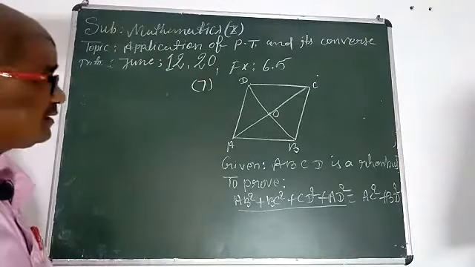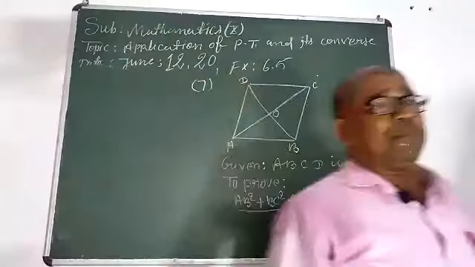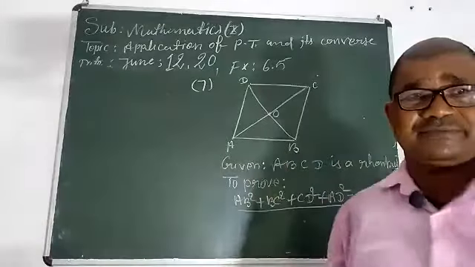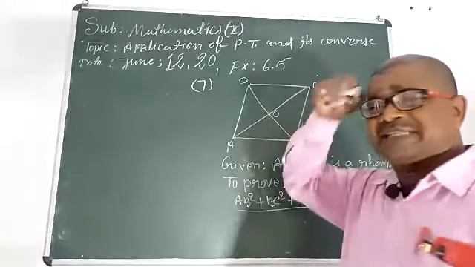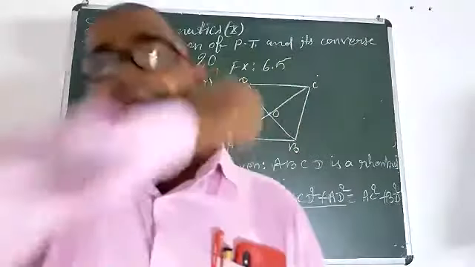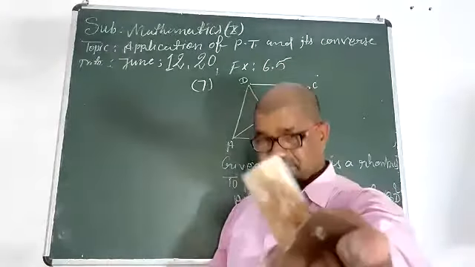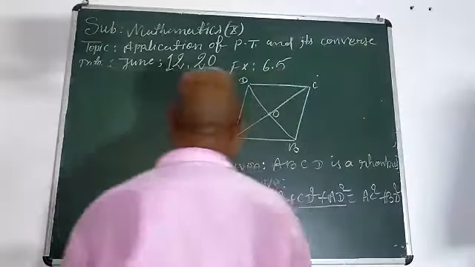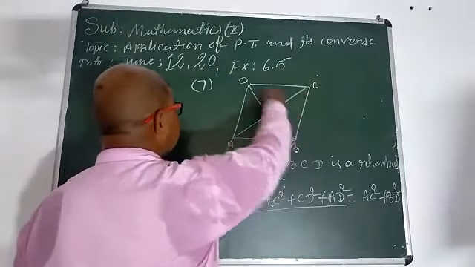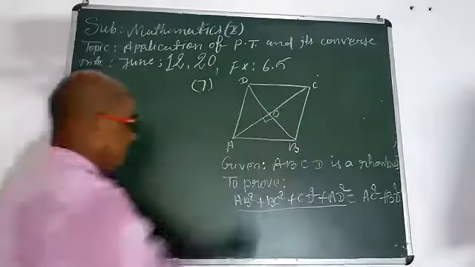Understood everyone? Now you know about the property of the rhombus. A special property of a rhombus is that the diagonals bisect each other at right angles.